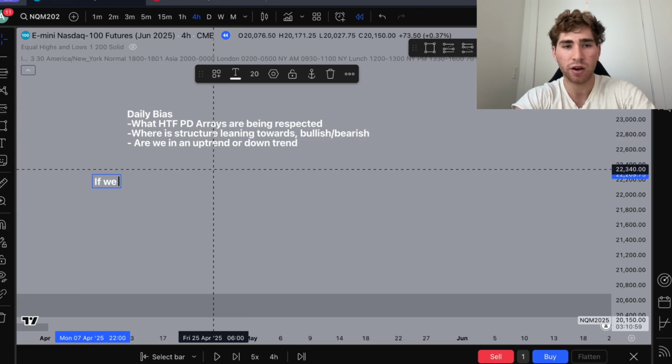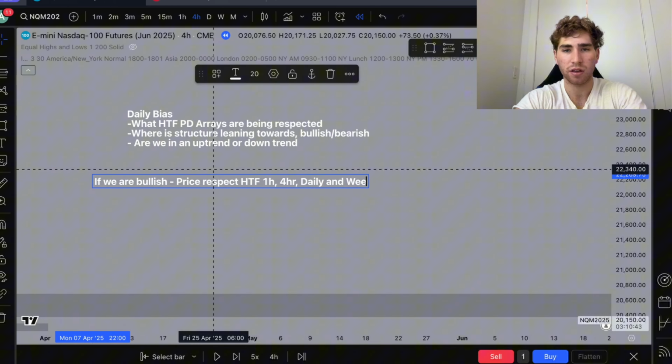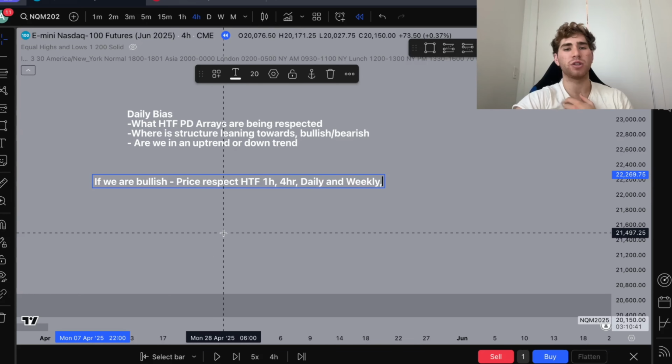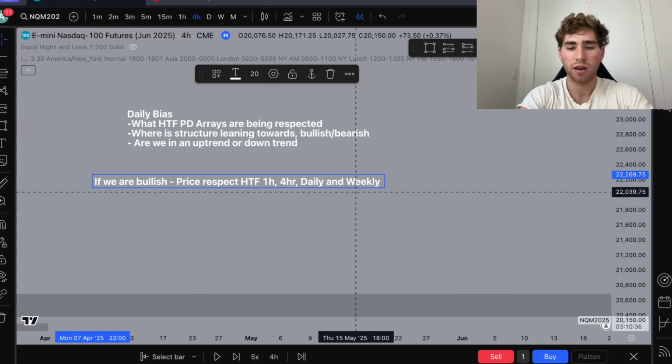So if we are bullish, price respects high time frame. High time frame means 1 hour to, usually I use 1 hour and 4 hour for daily bias, but in some situations you use daily and weekly. So if we are bullish, you want to see price respect high time frame, 1 hour, 4 hour, daily, and weekly confluences.